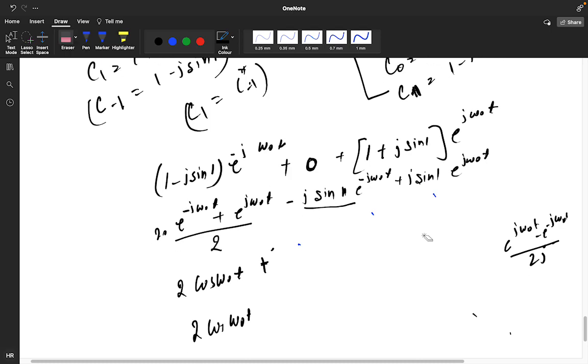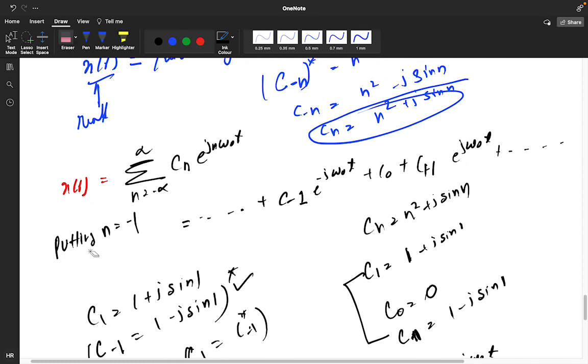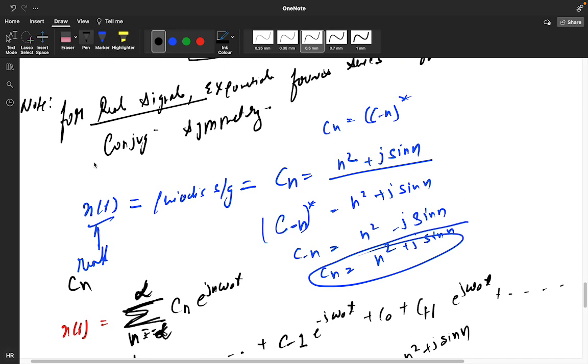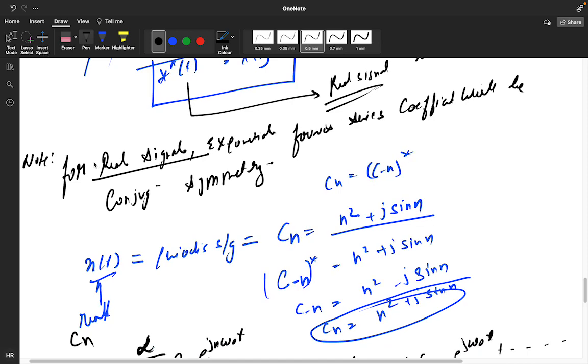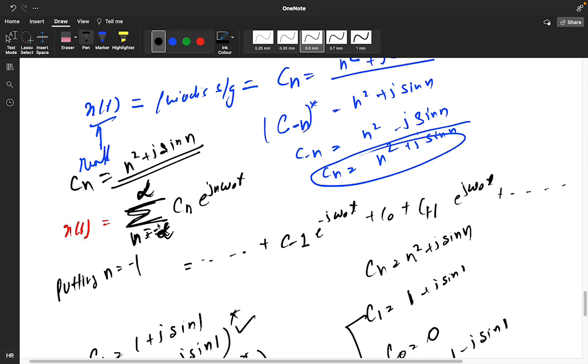You understood? See, equation is x of t is equals to summation n is equals to minus infinite to infinite. This is the formula of the Fourier series. And the value of cn is given like this. cn they had given, cn is equals to n square plus j sine n.